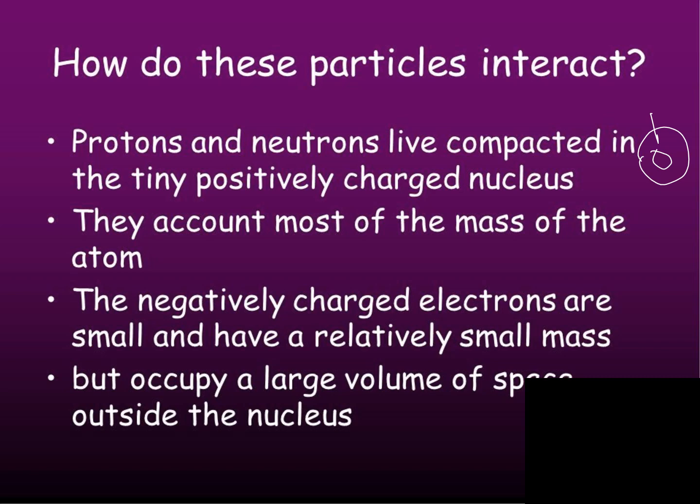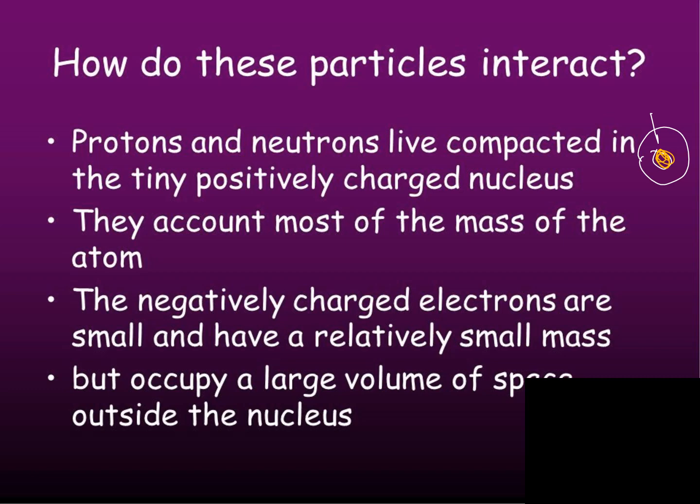Inside the nucleus we will have positively charged particles and neutrally charged particles, at the center of the nucleus. And then outside, the electronic cloud is there, and in it are the electrons. So how they interact is that the nucleus accounts for most of the mass of the atom.